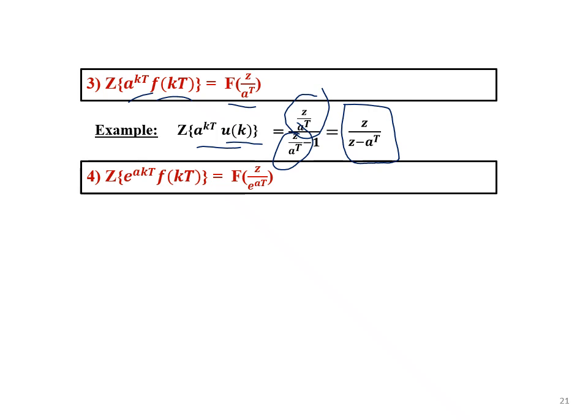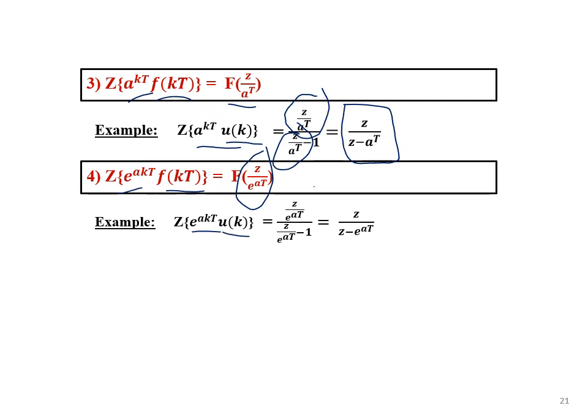If we have z of e power a kt times f of kt, multiplying an exponential by a function, then we get f of z over e power a t. For z of e power a kt times u, we get the z transform of u, which is z over z minus 1, and substitute every z by z over e power a t.